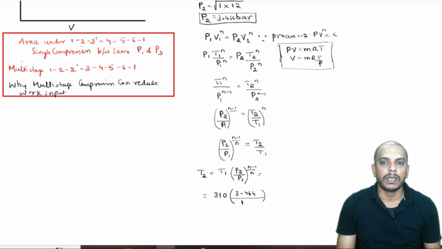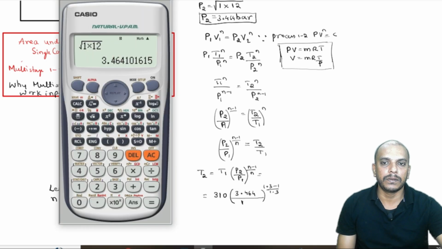Now, we have not been given the value of n, so let us assume the polytropic index n is equal to 1.3. Now, that will be (1.3 minus 1) divided by 1.3. Now, let us calculate T2.